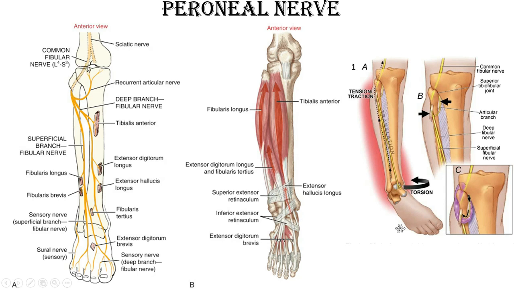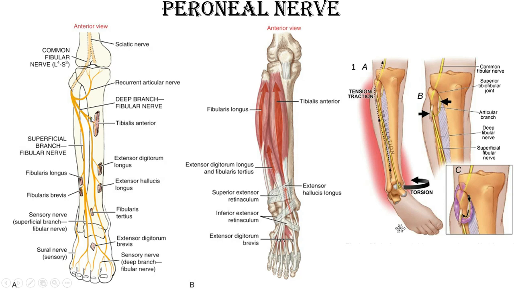After the division, the common peroneal nerve comes around anteriorly, wrapping around the neck of the fibula, and it gives a small recurrent articular branch to the knee joint.